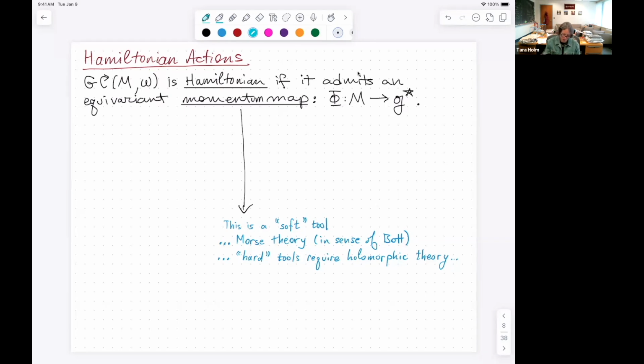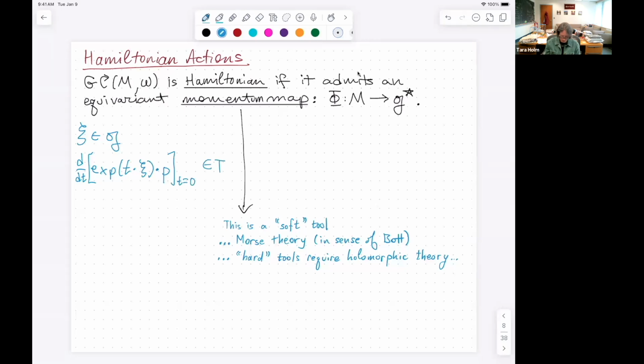So the Hamiltonian vector fields show up as follows: if I have an element of the Lie algebra, then I can exponentiate that into the group and look at how that one parameter subgroup of G is acting on M. So this is at some point p in M, and then I can differentiate that at t equals 0.